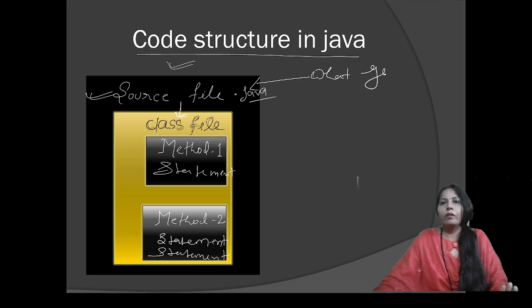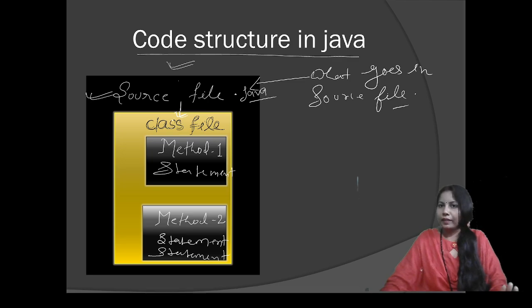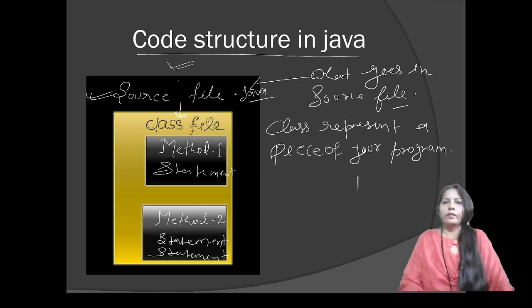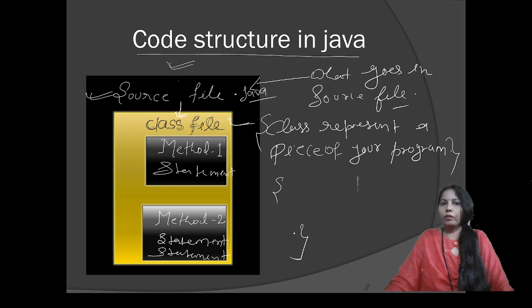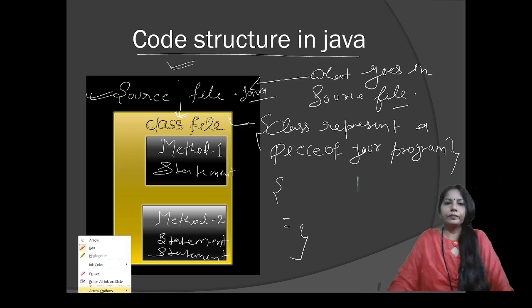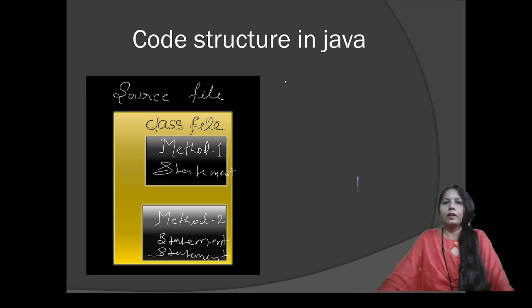Now you think, what goes in the source file? Simple, your source file holds a class, where the class represents a piece of your program, and the class must go within the curly brackets, like public class dog.